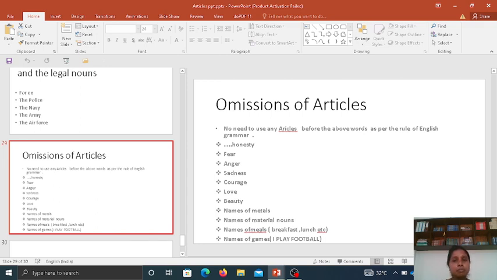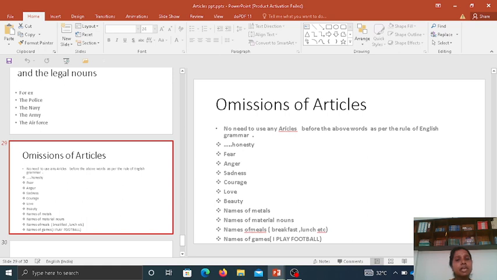Then names of meals. There are three types of meals we take in our day-to-day life: breakfast, lunch, and dinner. When we tell about those times or those meals, there is no use of articles. We should not use the before the names of meals, like the breakfast, the lunch, or the dinner. These all are omissions.